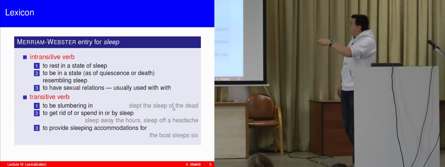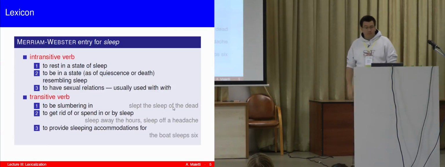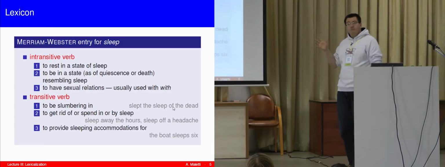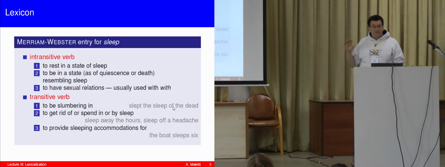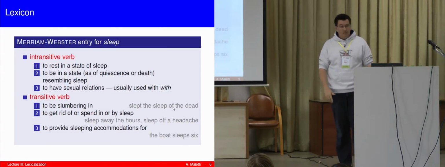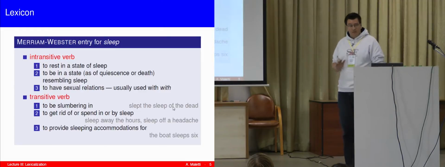These here are ordered by frequency. And then it can also be a transitive verb. Most people might not realize that sleep can be used as a transitive verb. If you ask a linguist, he'll immediately say it's an intransitive verb. It doesn't take any objects, right?